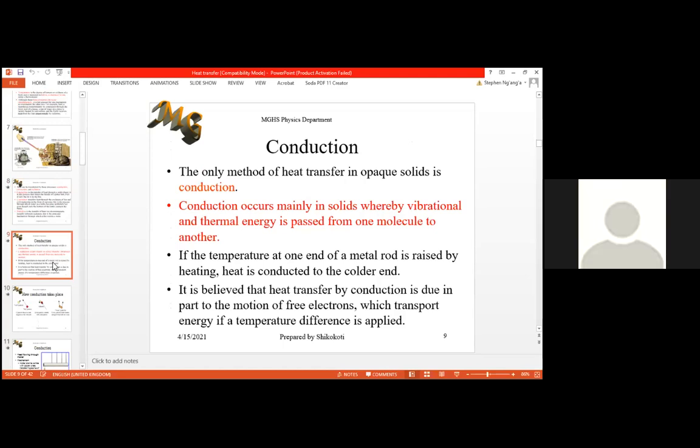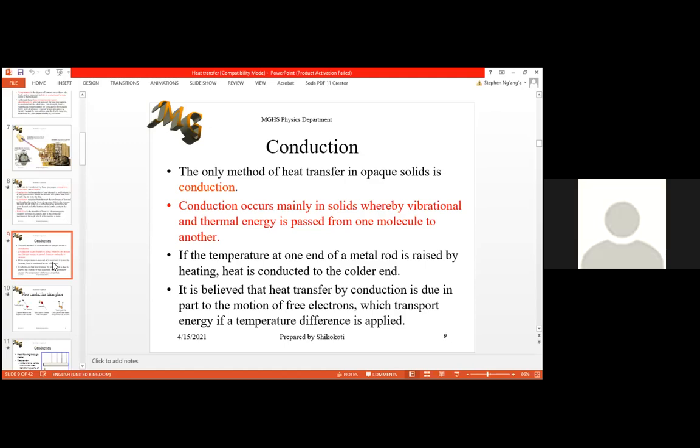Okay, conduction. So you have a solid. Within the solid, the only method of heat transfer is conduction. It mainly occurs in solids. When you heat one end of the solid, you remember the kinetic theory of matter: the solid is made up of particles that vibrate about their mean position.